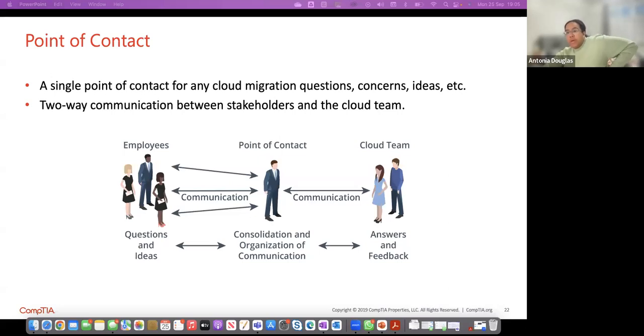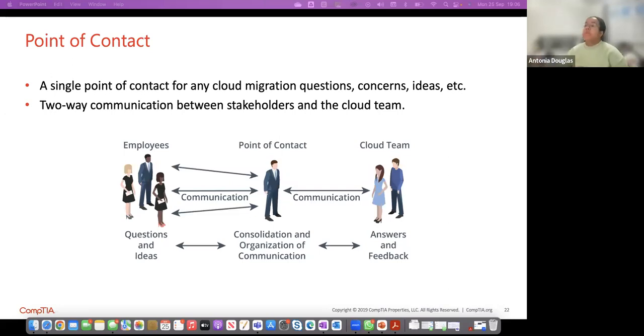Okay, point of contact. A single point of contact for any cloud migration questions is useful, having two-way communication between stakeholders and the cloud team. Having someone as a point of contact to bring questions to the cloud team, allowing the cloud team to communicate outward to stakeholders, is really useful.